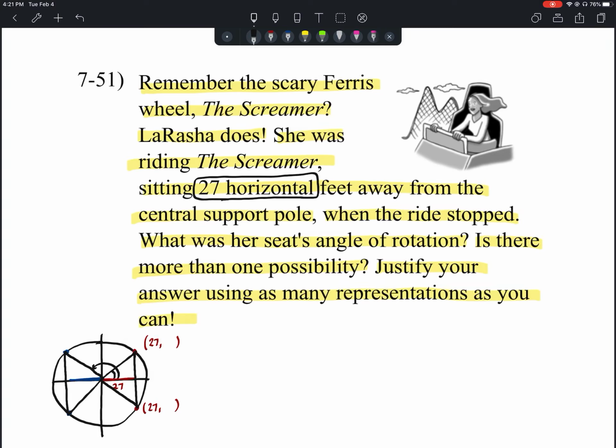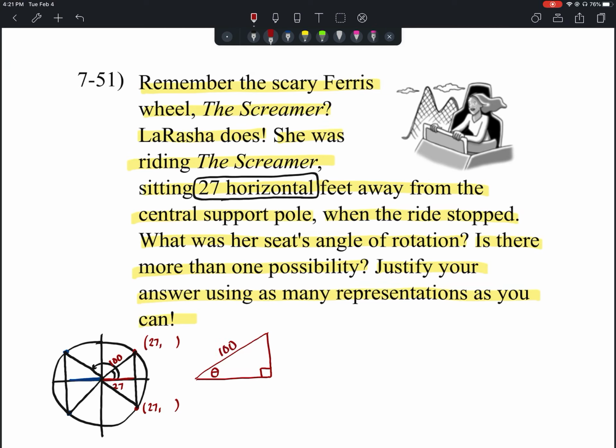Now, one thing to remember with these kinds of problems is that the radius of our Screamer was 100 feet. I'll draw this first triangle a little bit larger so you can follow along. This is the triangle from the first quadrant. We're trying to figure out what this angle of rotation is.